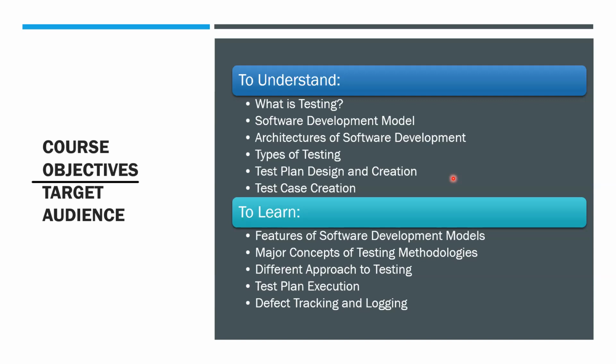Now, this all includes your initial understanding of the software development lifecycle, because this all happens in the very early stages of the software development lifecycle. And we'll be seeing more of that as we progress through the course. Types of testing we talked about. And so the different approach to testing is how your types of testing come into play.